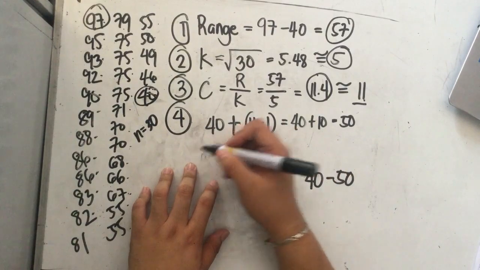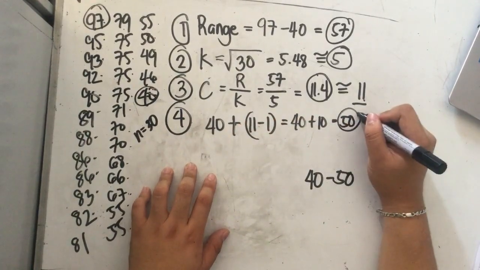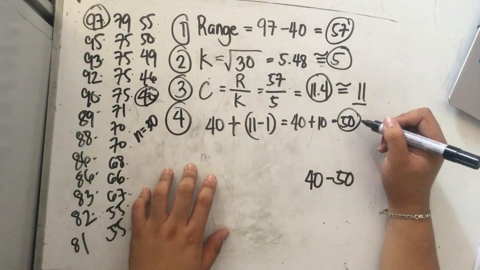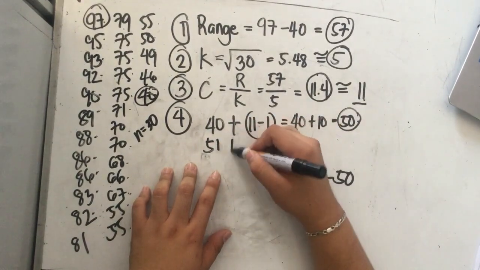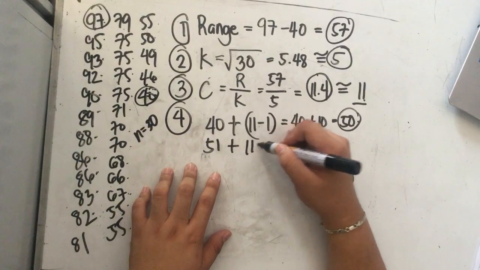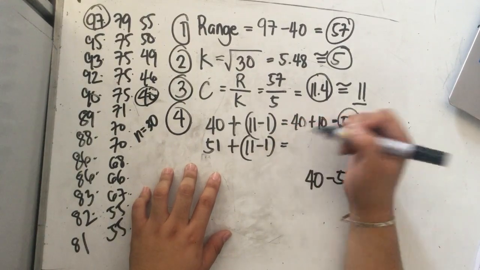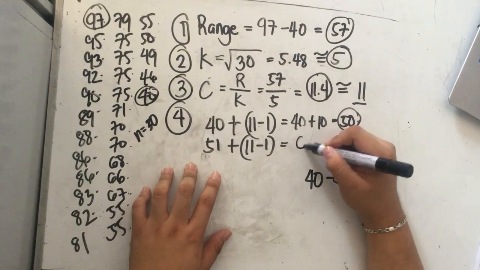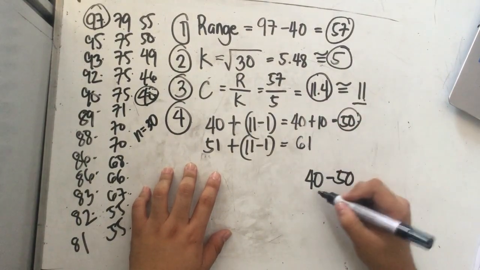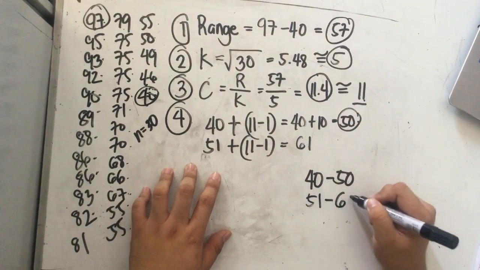Next, we have yung next interval natin, kukunin natin plus 1 yung ating upper limit. So we have 51 plus 11 minus 1, we have 61. Tama? So we have 51 to 61.